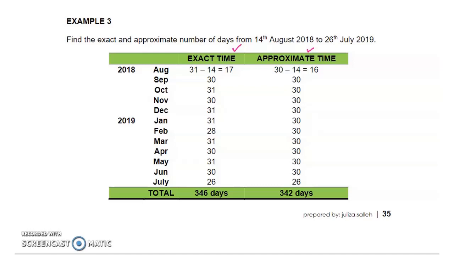So to know whether that particular year is a leap or non-leap year. Now look at 2018, start with August. In August we have 31 days, right? We start on the 14th. So in August, how many days are left? August has 31 days, minus the starting date of 14, so in August we have another 17 days.